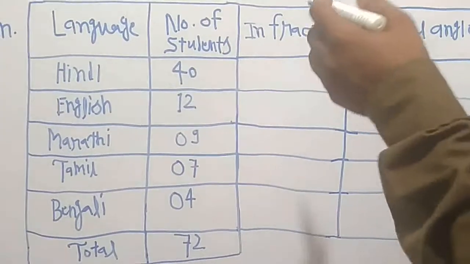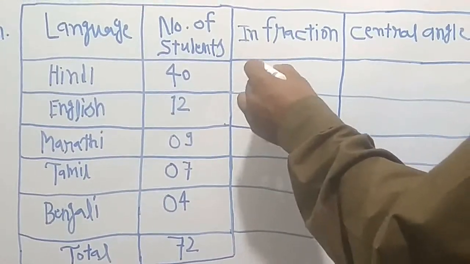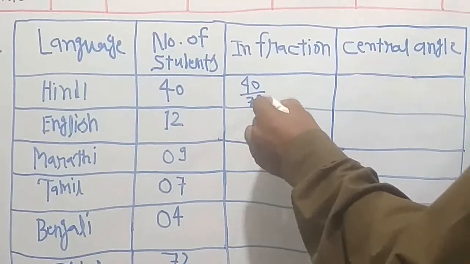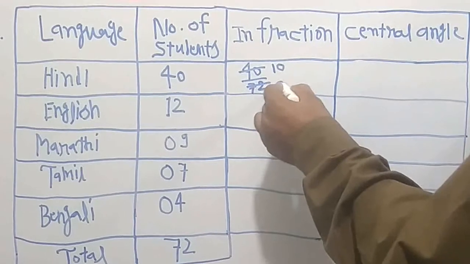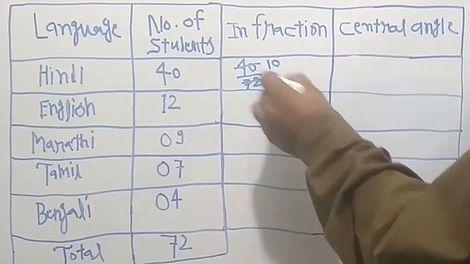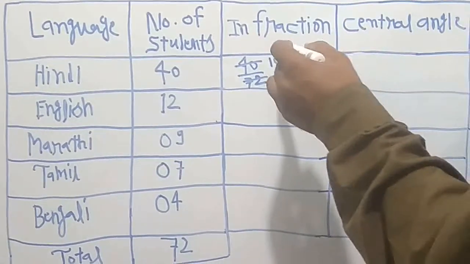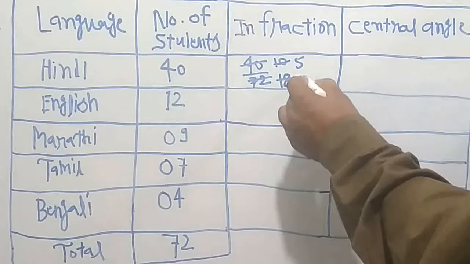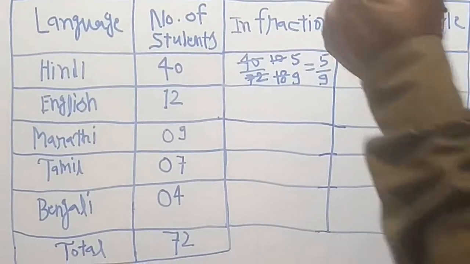First, the fraction for Hindi is 40 upon 72. 4 tens are 40, 4 nines are 36, 4 eights are 32. It is 10 upon 18. Now 2 fives are 10 and 2 nines are 18. So it is 5 upon 9.